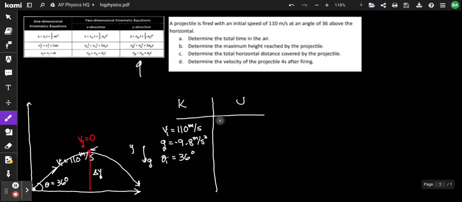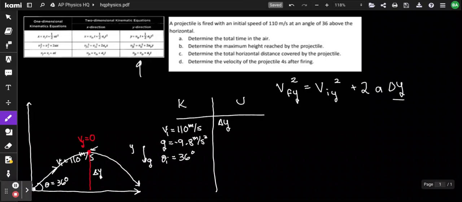In this case, we don't know what delta y is. So our equation is v final in the y direction squared is equal to v initial in the y direction squared plus 2 times our acceleration times our displacement, which is delta y. Before we put in our variables, we need to isolate for what we're trying to solve, which is delta y.